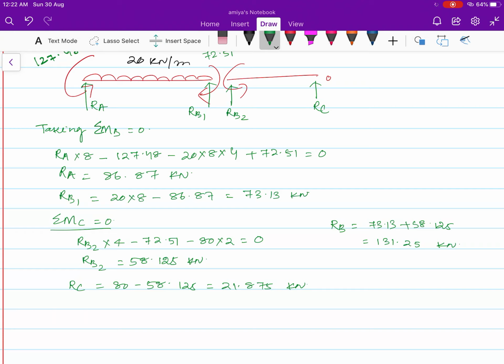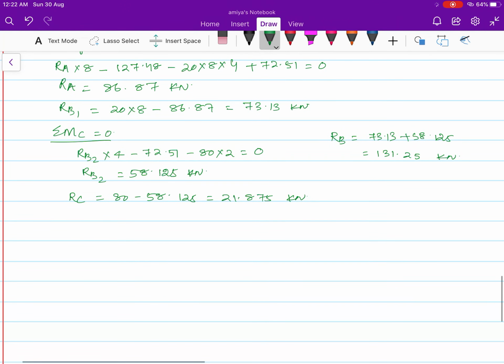So we calculated the shear forces. Now to draw the shear force diagram, we use the reactions RA, RB, RC. For span AB, this is RA, this is my RB1.